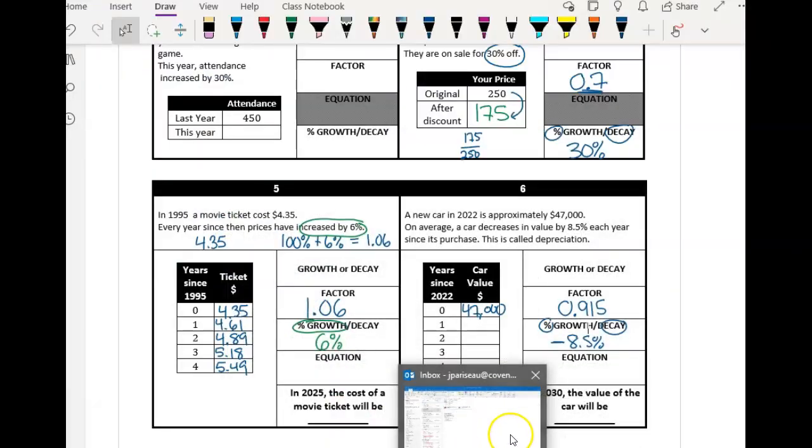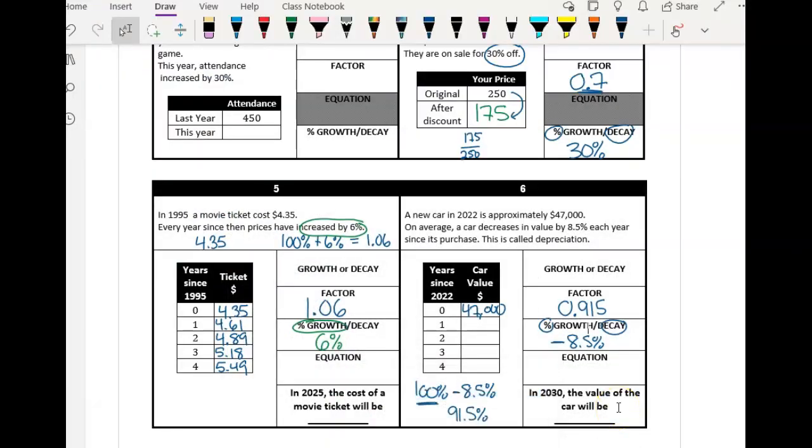And that's an important feature. That's actually how we write these percent of growth and percent of decay. If we know how much it's growing or decaying, we're always going to relate it back to the whole. If it's a growth, it's 1 plus the rate, and if it's a decay, it's one whole minus the rate. That's something to think about as you work through these problems.